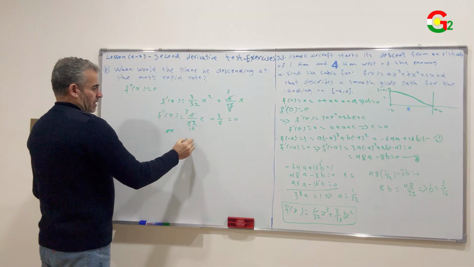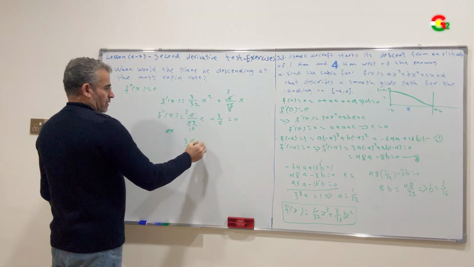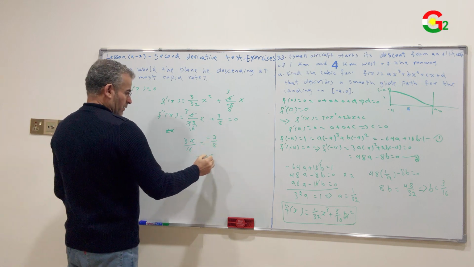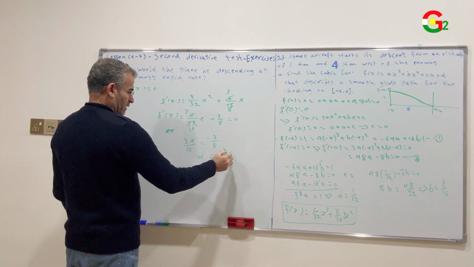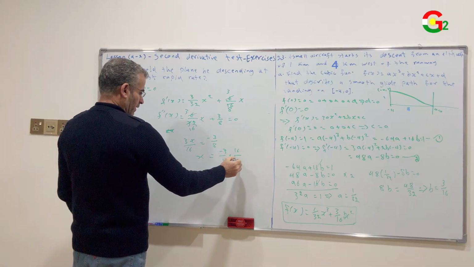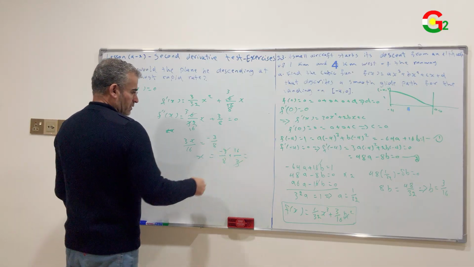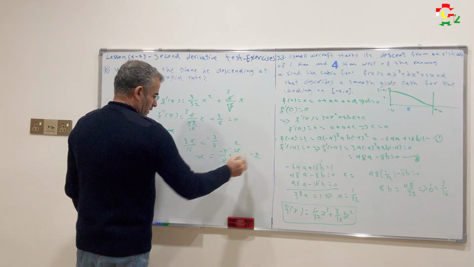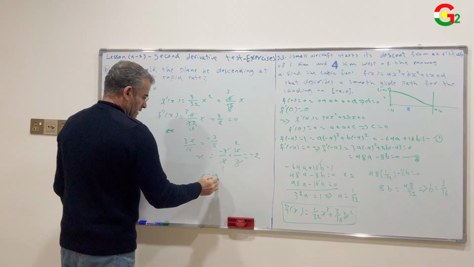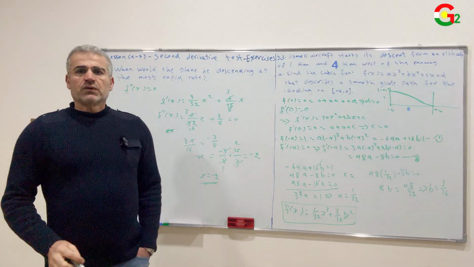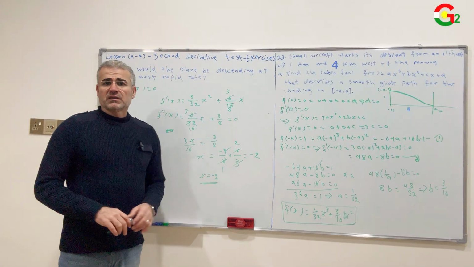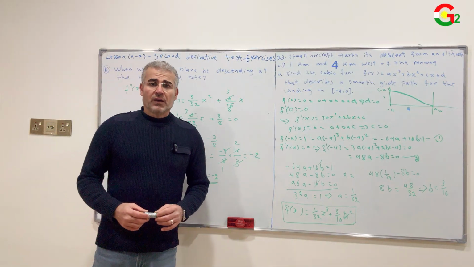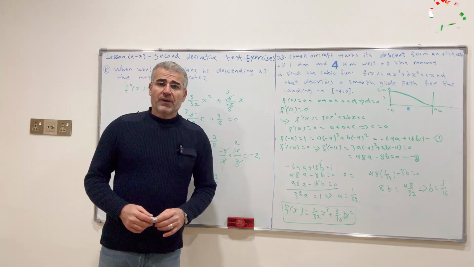Then 3x over 16 equals negative 3 over 8, then x equals negative 3 over 8 times 16 over 3 equals, reduce 3 with 3, 8 with 16, equals negative 2. Therefore, x equals negative 2. Therefore, the fastest landing will be at a distance of 2 kilometers far away from the aircraft.